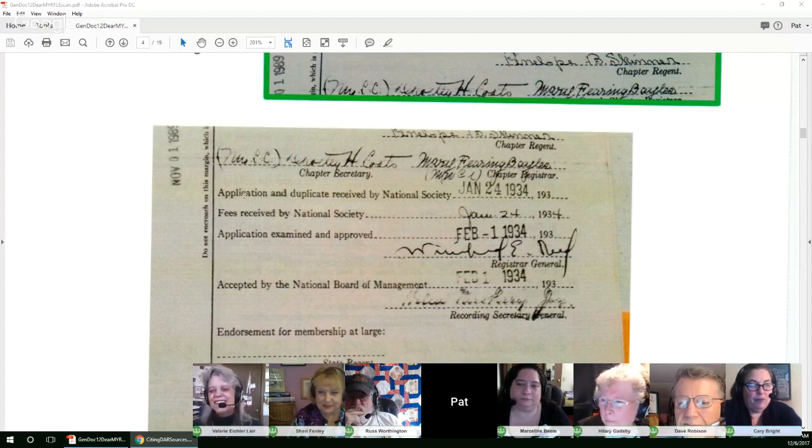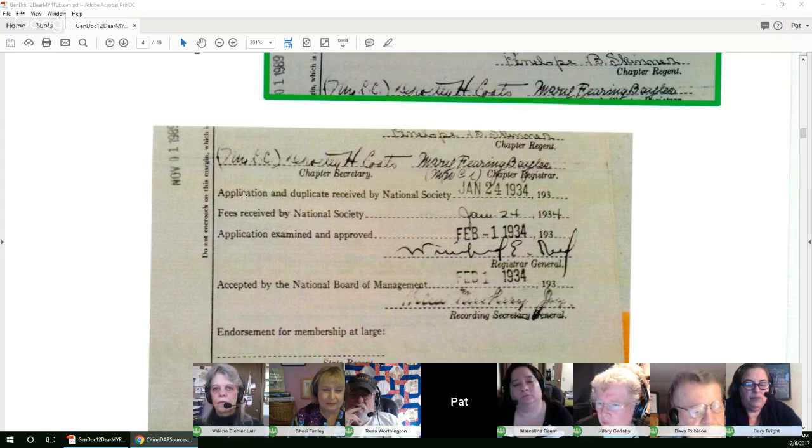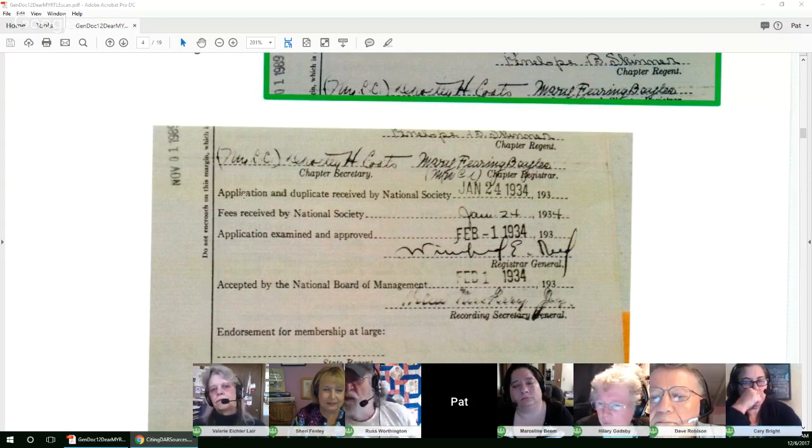Anyway, Pam Sayer had been trying to craft a citation for a DAR application, and the page where these dates were listed was not included in what she received. And it had to do with ordering and right to privacy of a living individual, etc. So she could not include the date.